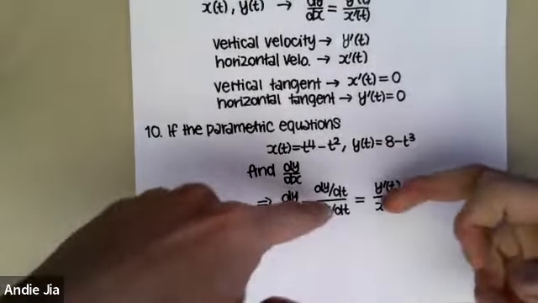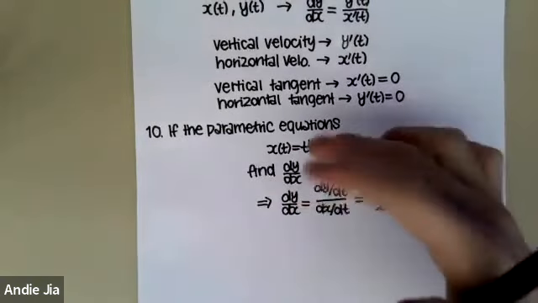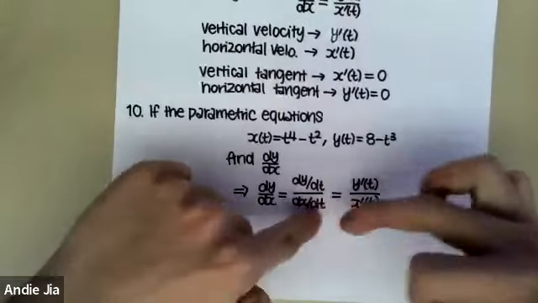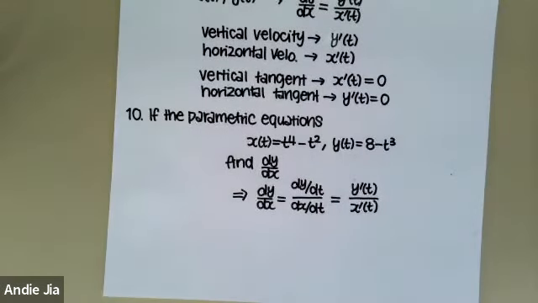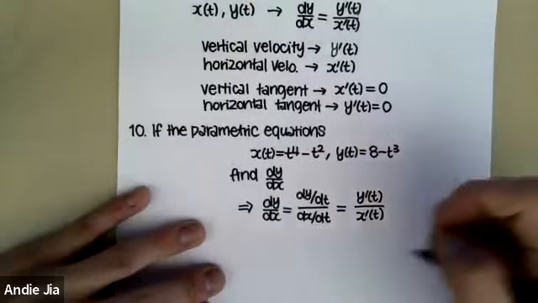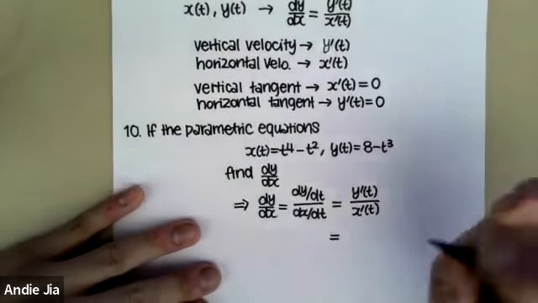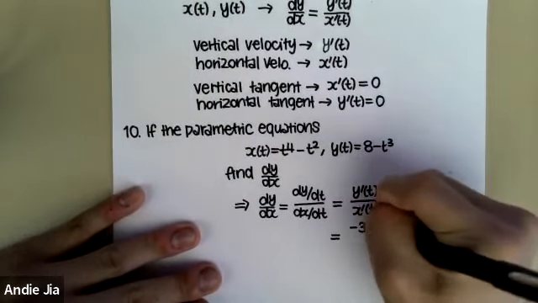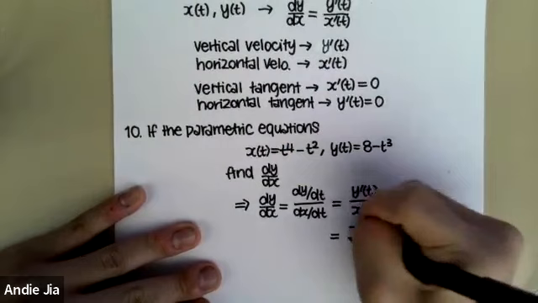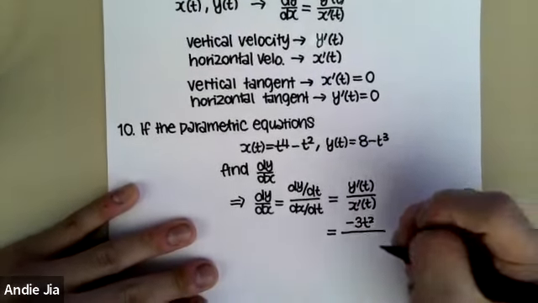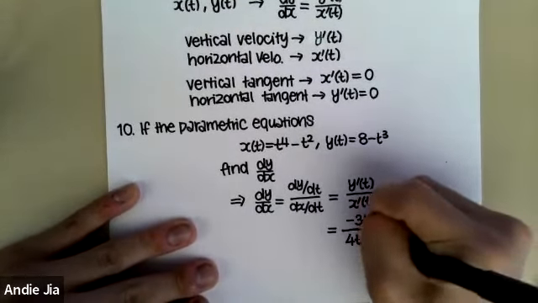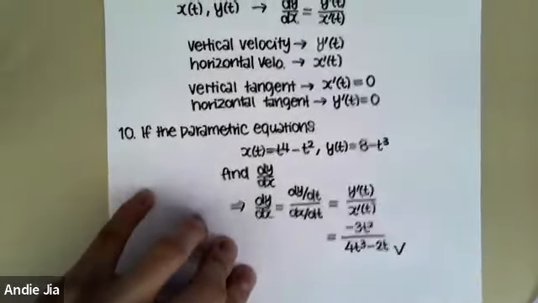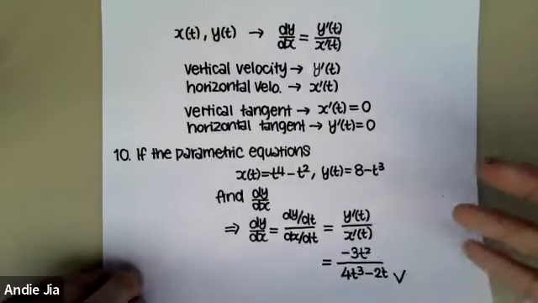That's how it came about, because in terms of t, we're looking for dy dx. That's why we do dy dt over dx dt. Now we just find each derivative. y prime t is negative 3t squared over x prime t, which is 4t cubed minus 2t, and that is what you want. Okay, that is the first intro.